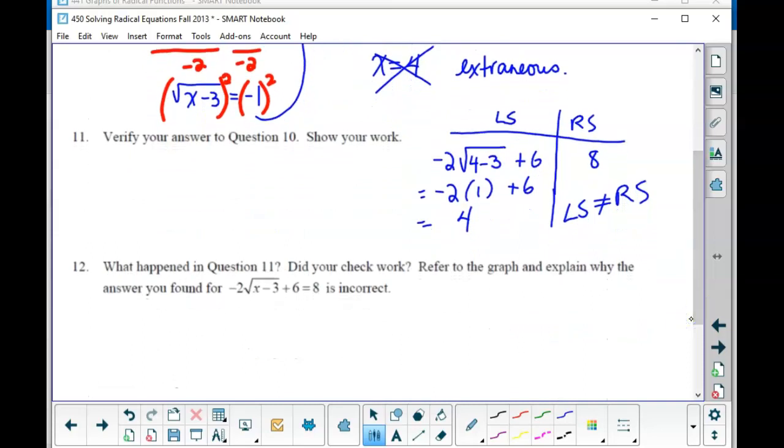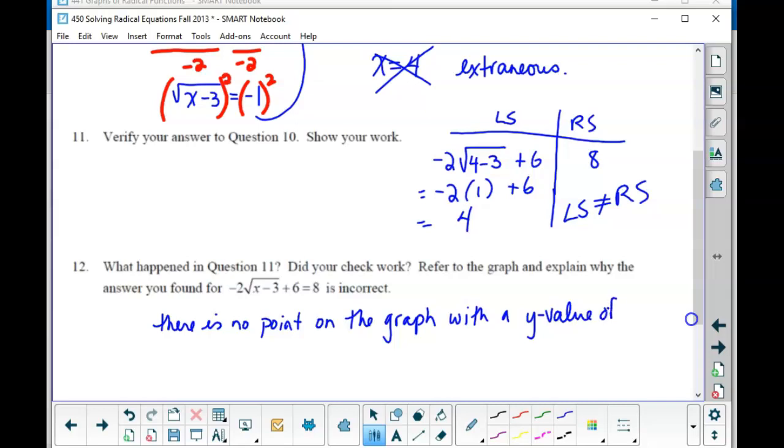So what happened in question 11? Did your check work? Nope. Refer to the graph and explain why the answer is incorrect. So from the graph, there is no point on the graph with a y value of 8.